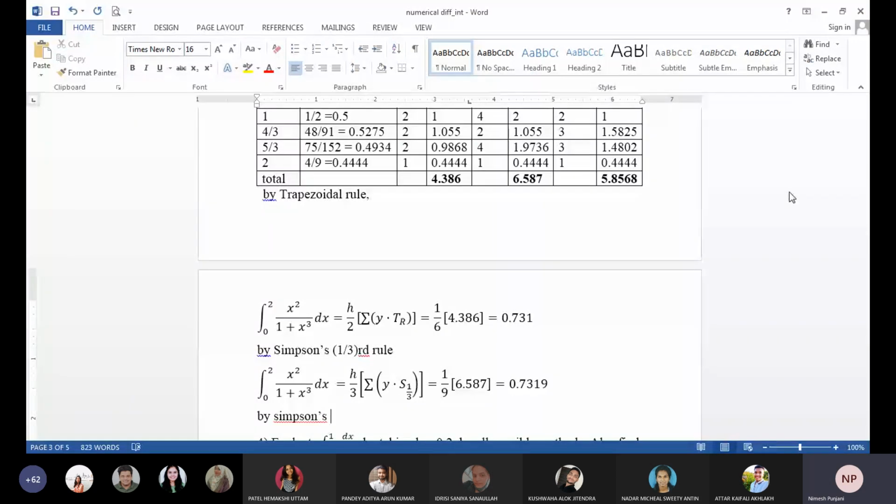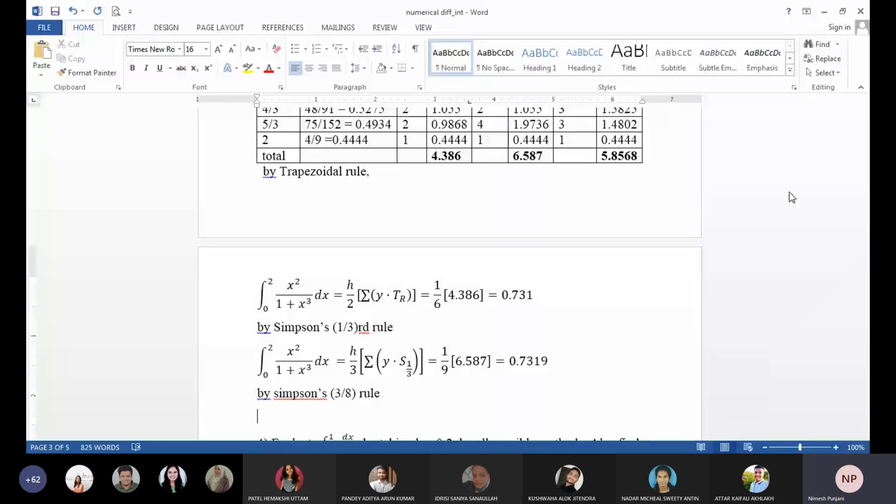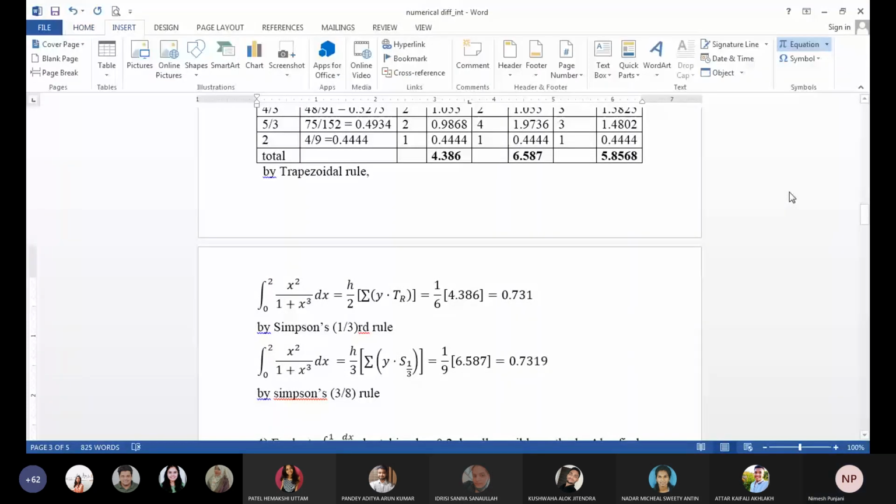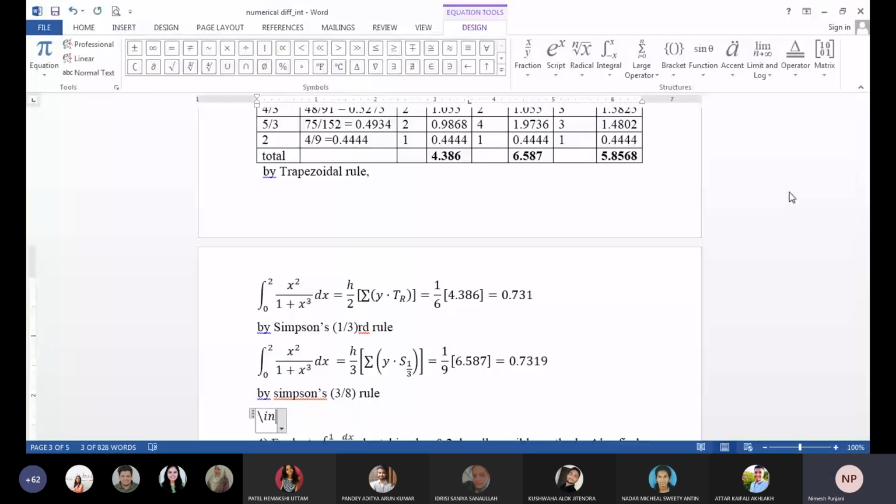Then Simpson's 3 by 8. Zero to 2 x square upon 1 plus x cube.